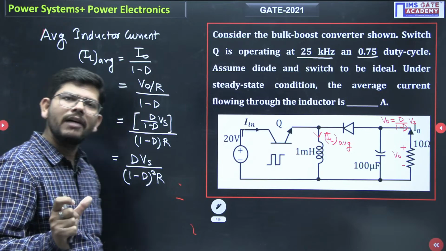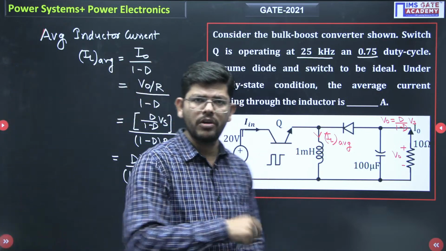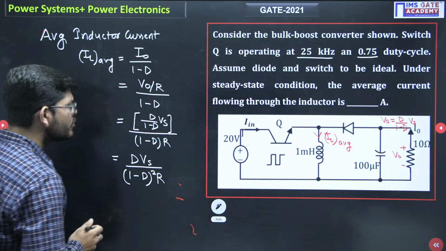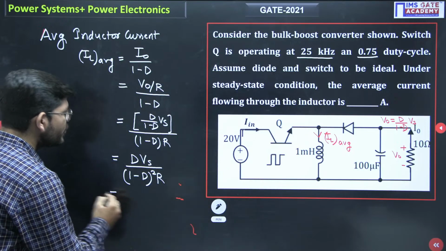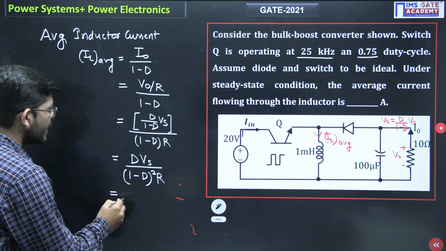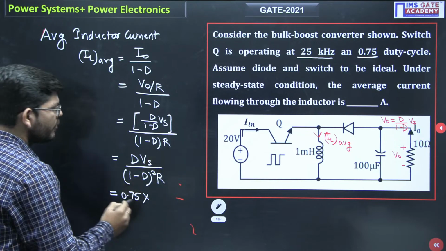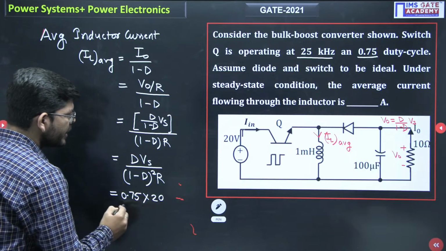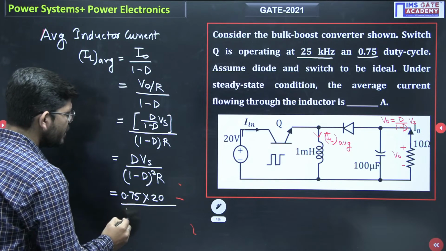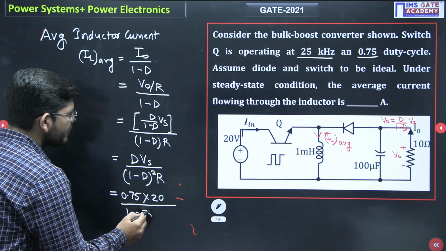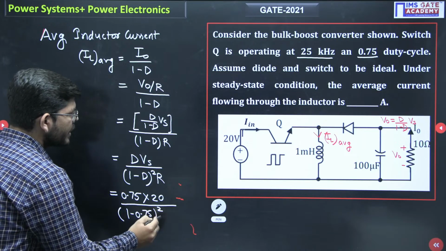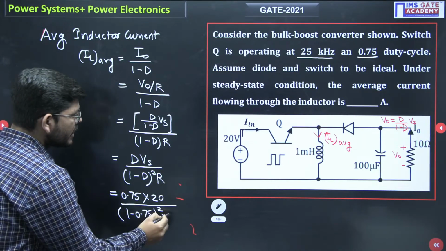Do we have the required data to solve this equation? Yes, we do. The duty ratio is 0.75, so you put 0.75 here. The source voltage Vs is 20, divided by 1 minus 0.75 square into R, which is 10 ohm.